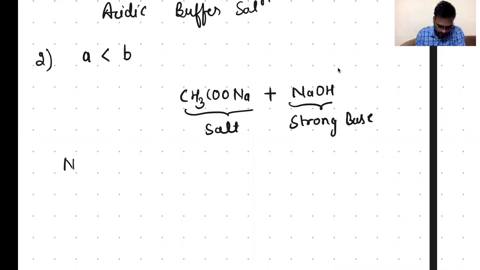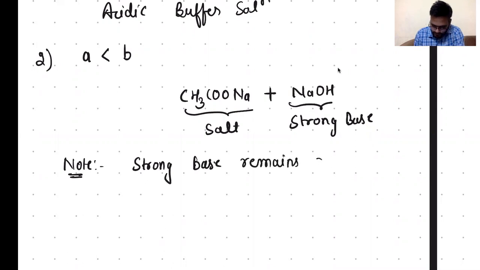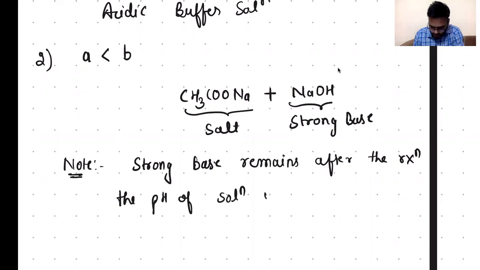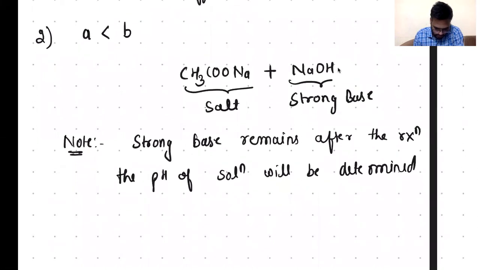So if a solution after reaction contains strong base, if strong base remains after the reaction, the pH of the solution will be determined solely by the concentration of strong base.